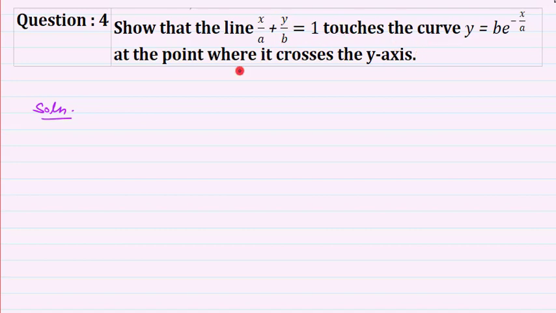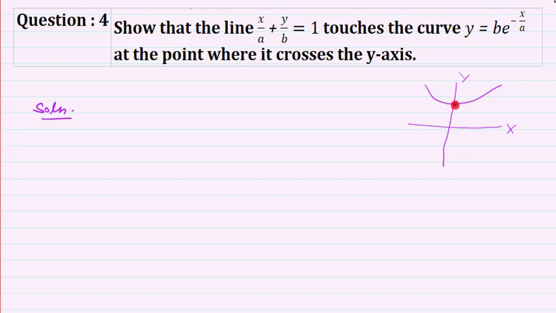The point given to us is where it crosses the y-axis. So we know very well where the curve crosses the y-axis: the curve will cross the y-axis when x is equal to 0. For any curve which passes through the y-axis at any point on the y-axis, x always remains 0.